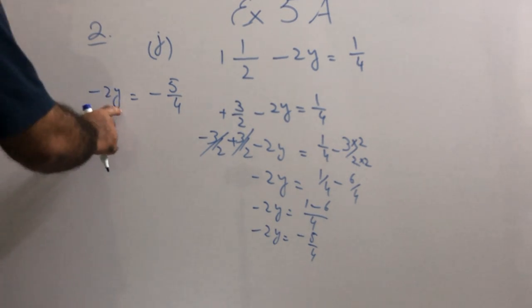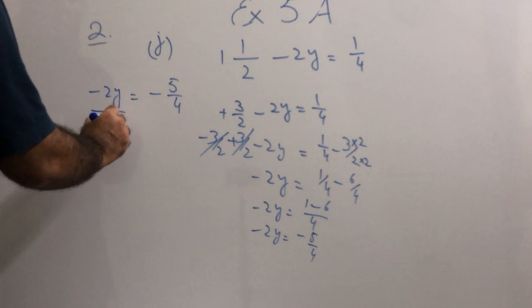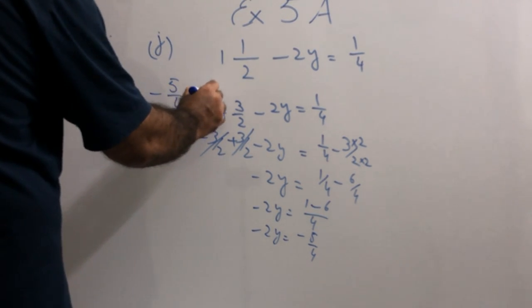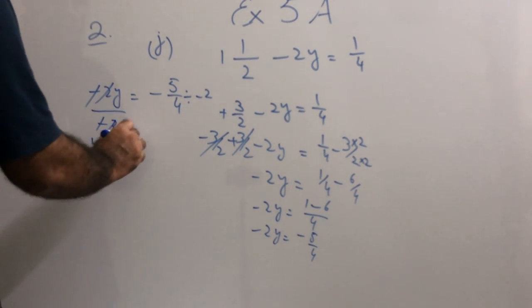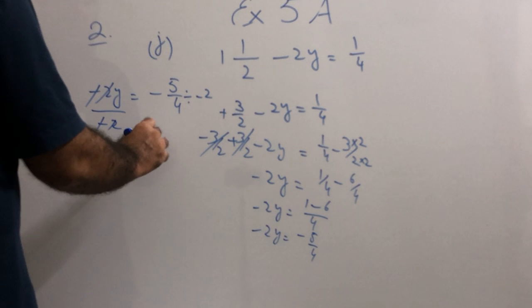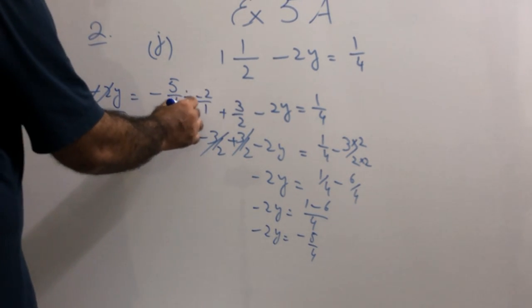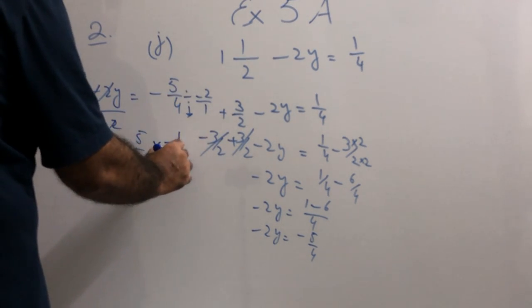Now we don't need this minus 2, so we will divide this side by minus 2. We also divide this side by minus 2. Okay, it will be cancelled. y is equal to minus 5 over 4 divided by minus 2, which means over 1, no issues. We will just multiply, it will be upside down, it becomes minus 1 over 2.